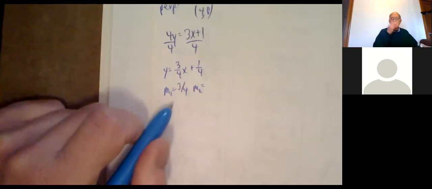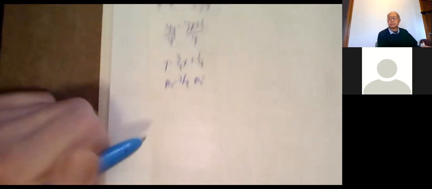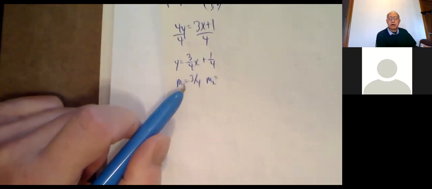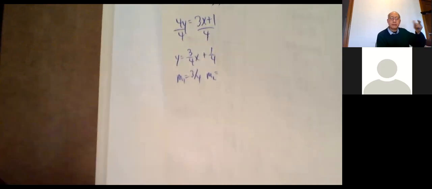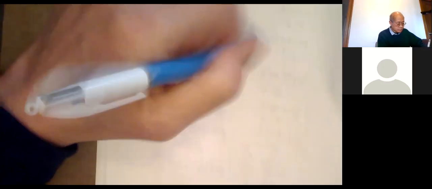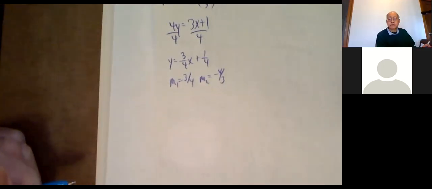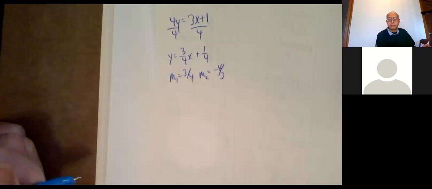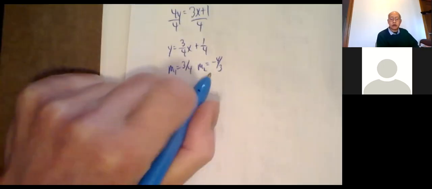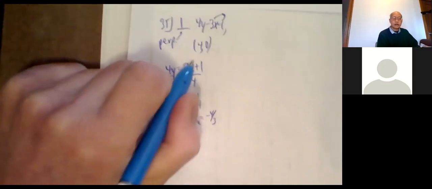So for perpendicular, I need the negative reciprocal. What is the negative reciprocal of 3/4? That means flip it, change the sign. Negative 4/3. Okay. All right, so I use this slope. I use this point.